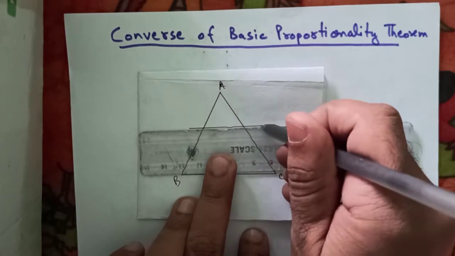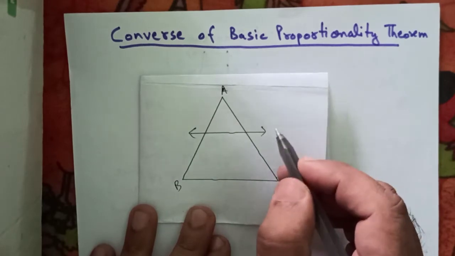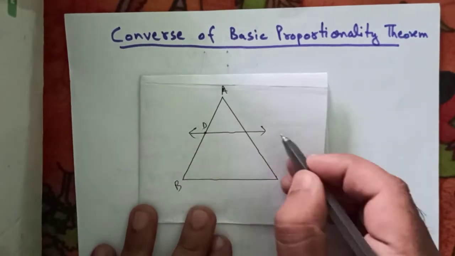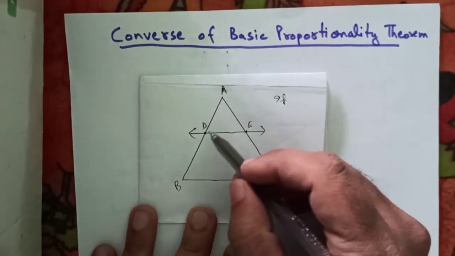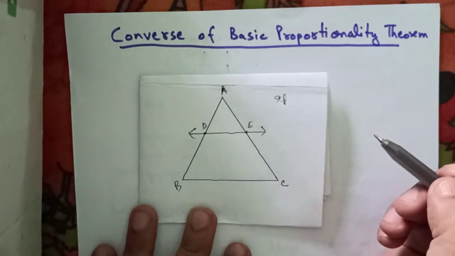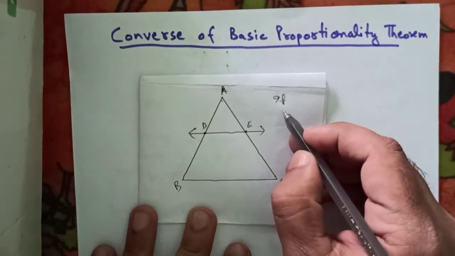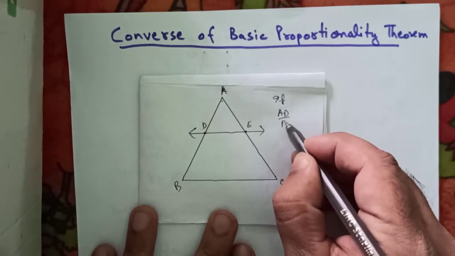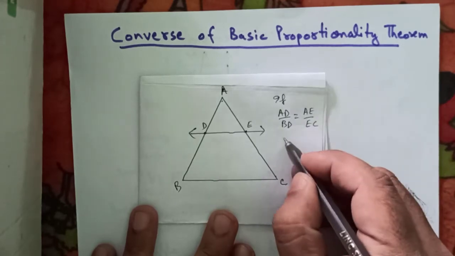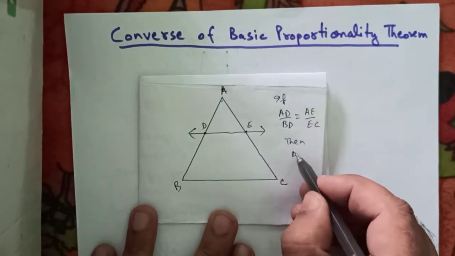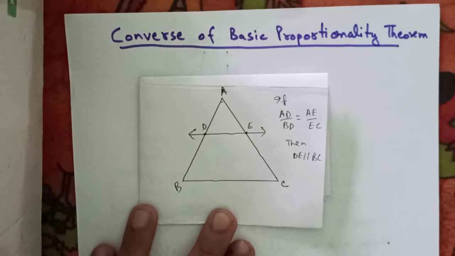Suppose this is point D and this is point E. If it is given that the ratio in which this line DE divides the sides AB and AC is the same, that is, if AD upon BD is equal to AE upon EC, then DE will be parallel to BC.